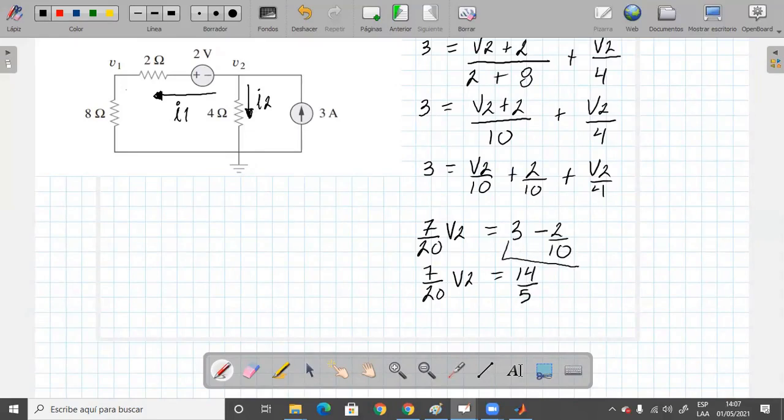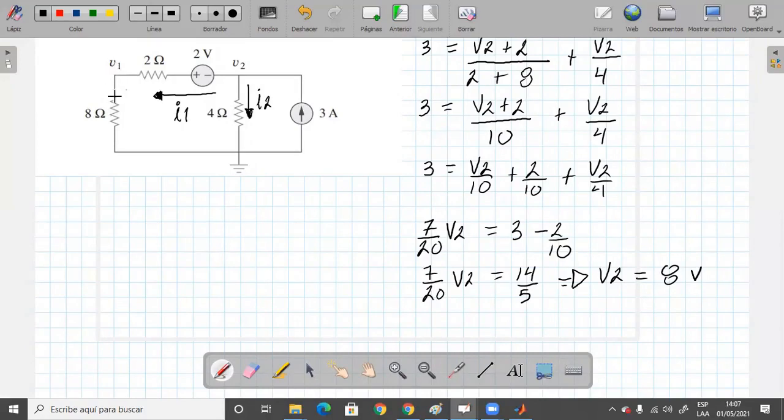If you want, you can verify it with the calculator. All that remains is to solve for V2, where 20 becomes multiplication and 7 becomes division. Therefore, V2 is going to be equal to 8 volts. V2 is worth 8 volts.